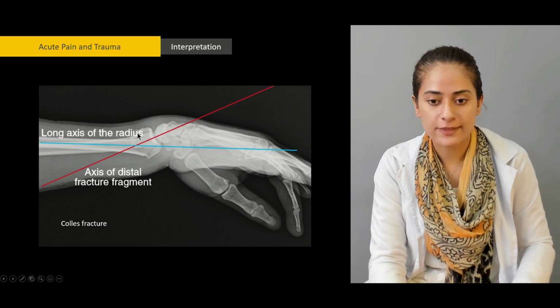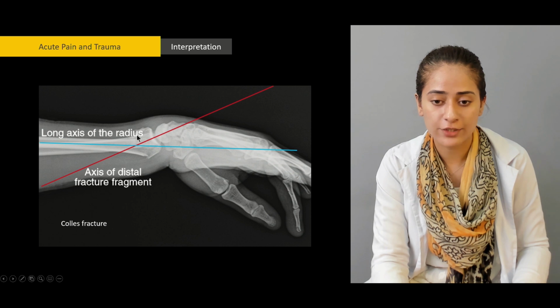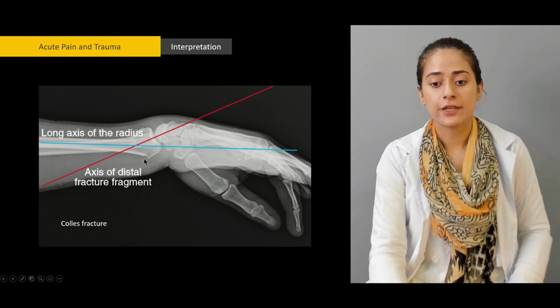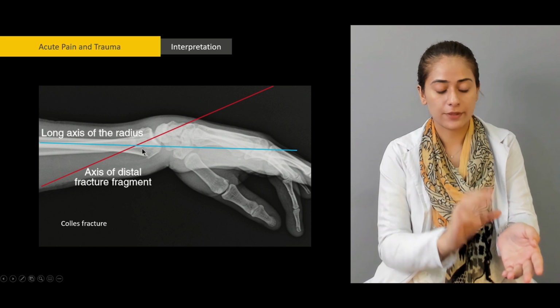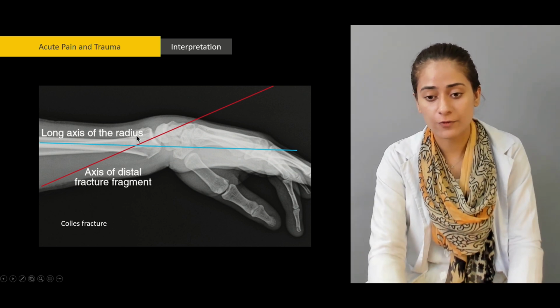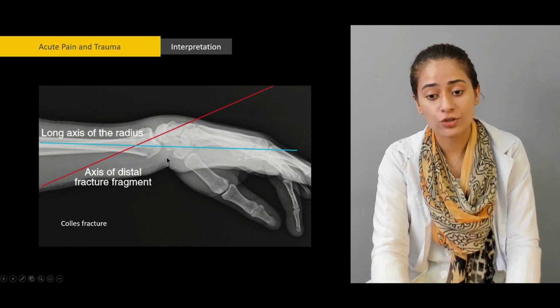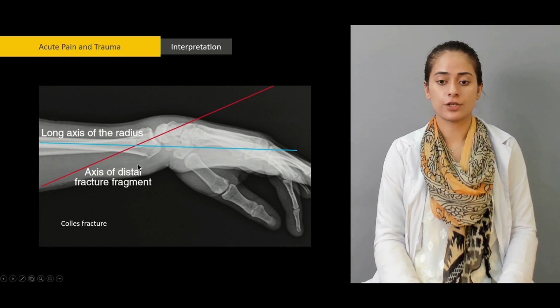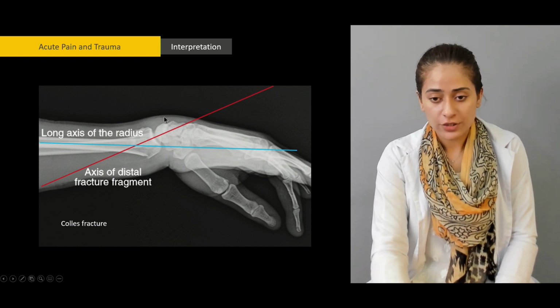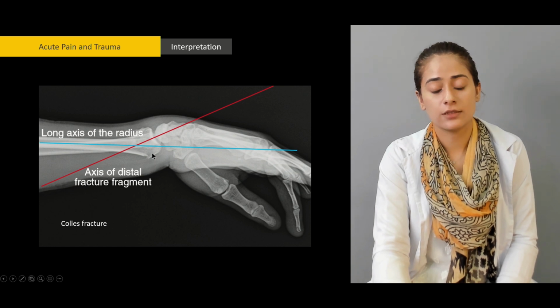So what is happening is that it's a through and through fracture here. So this is an entire through and through fracture of the distal radius, and it is displaced. It's a displaced fracture, and the fracture is impinging any structure that is present anterior to the fracture site. Also, the posterior structures will be damaged, but the anterior damage will be more.